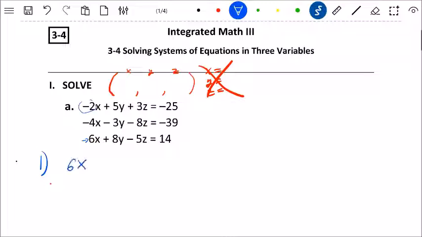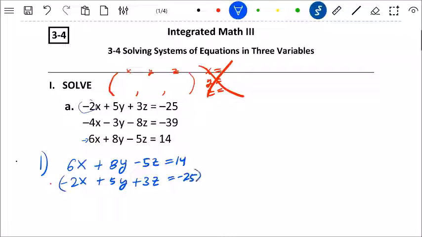So I'm going to write 6x plus 8y minus 5z equals 14. And underneath it, -2x plus 5y plus 3z is equal to -25.